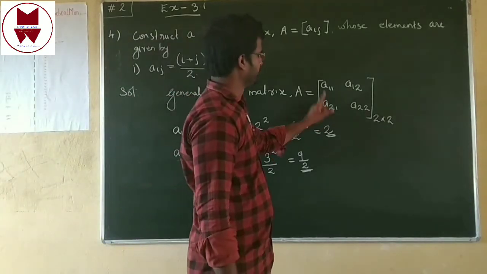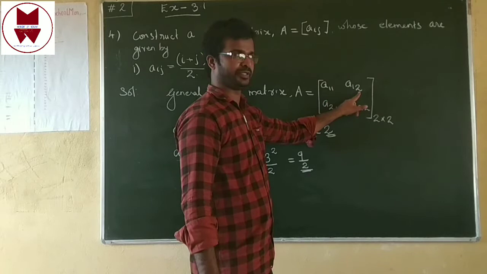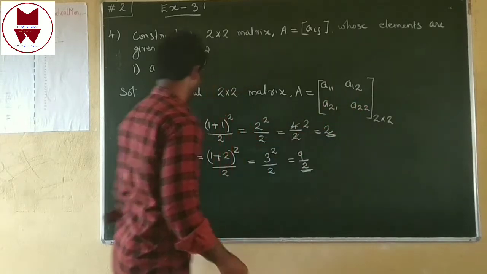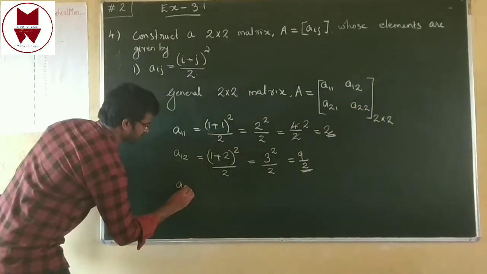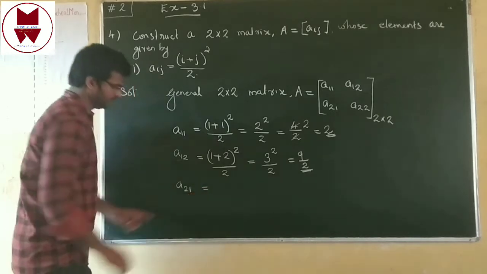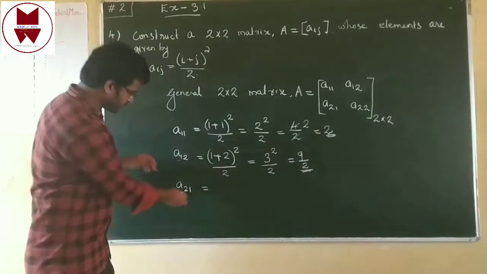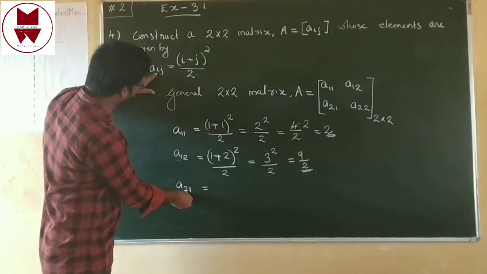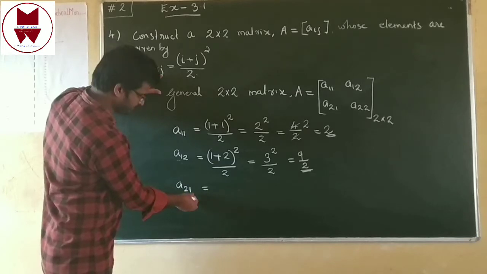Then the third term. A11 finished, A12 finished. Then A21. Here i is the first number, i means 2, isn't it? Then j means 1.